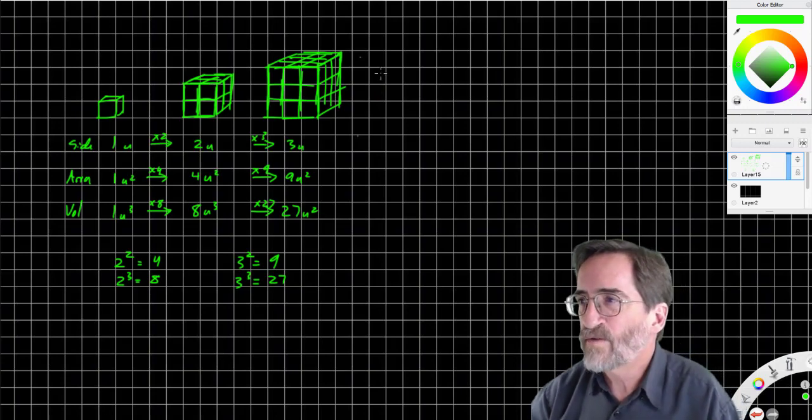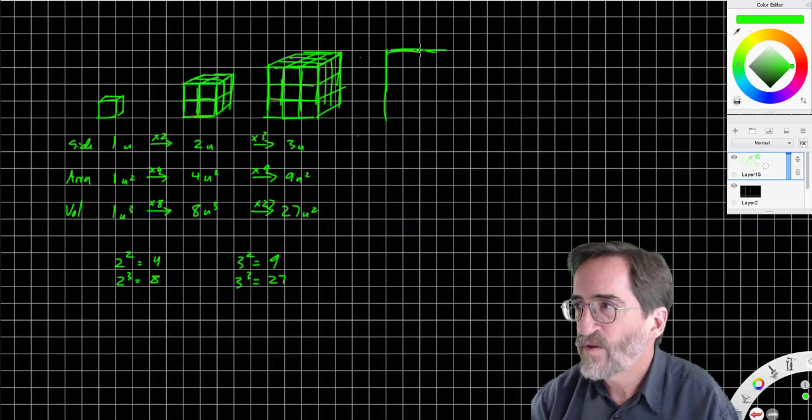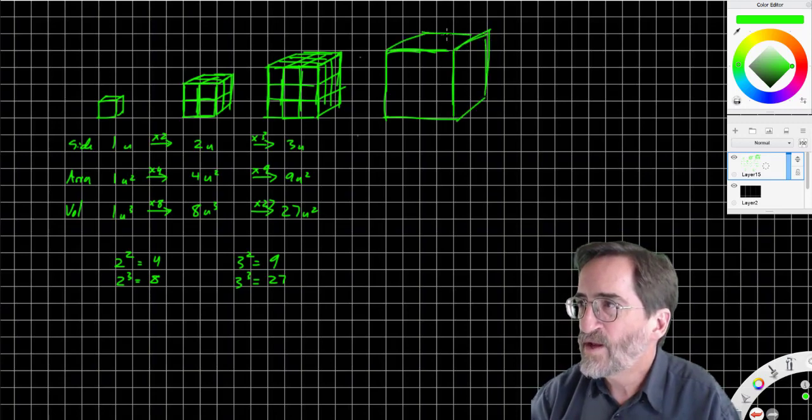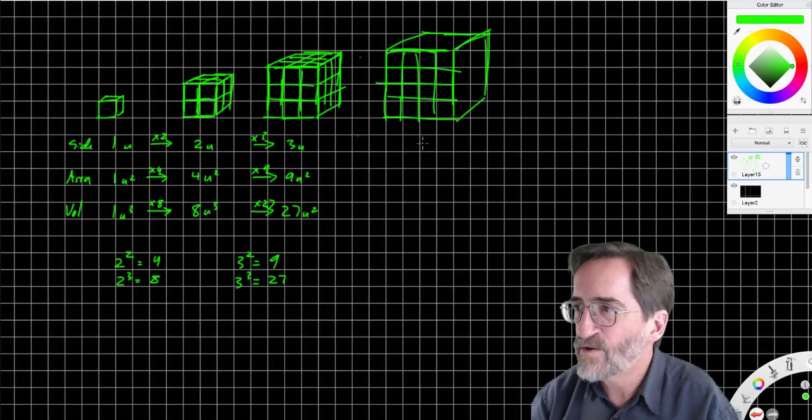Let's do it one more time. Let's do a 4 by 4 cube. Now I've multiplied my dimensions by 4, and you can see hopefully that we now have an area of 4 by 4, or 16. So the dimensions are 4 times what they were.